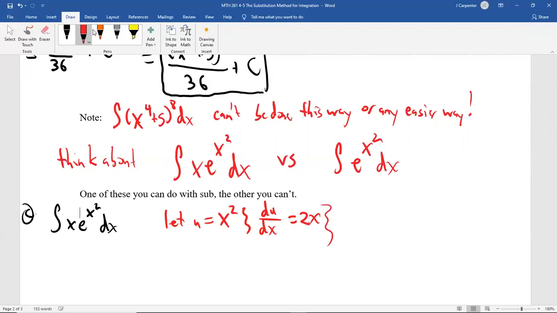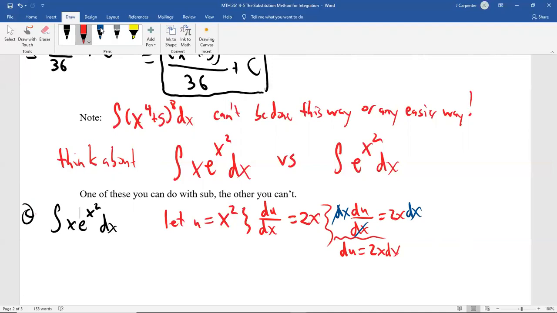We multiply both sides by the dx to cancel the one in the bottom. So that'll give us du equals 2x dx.